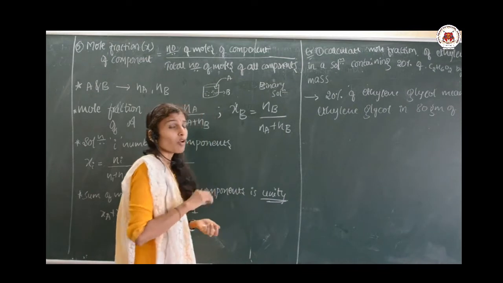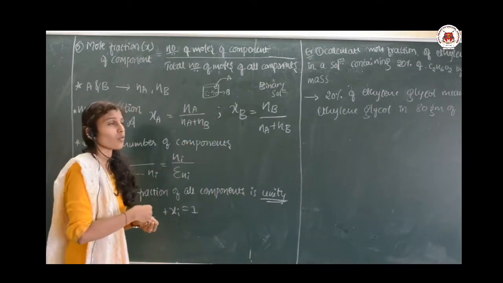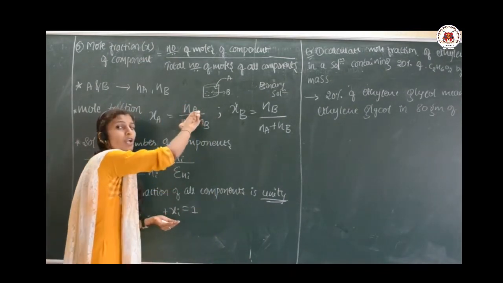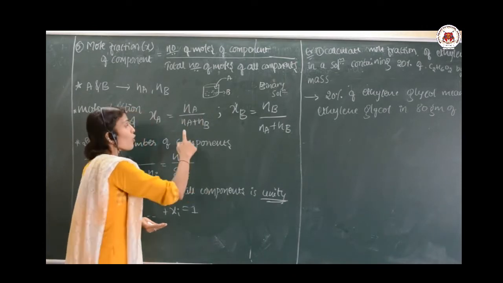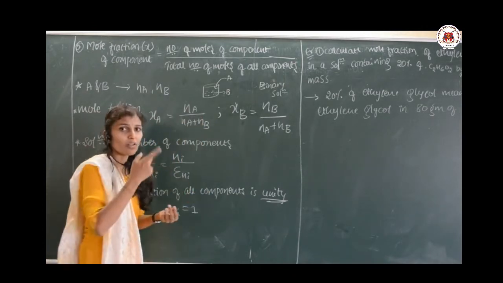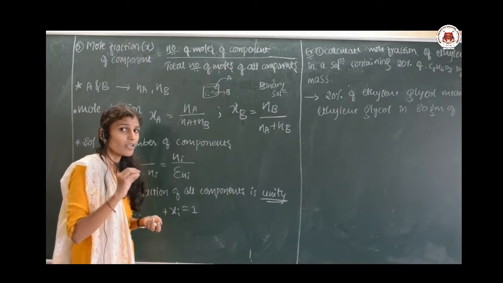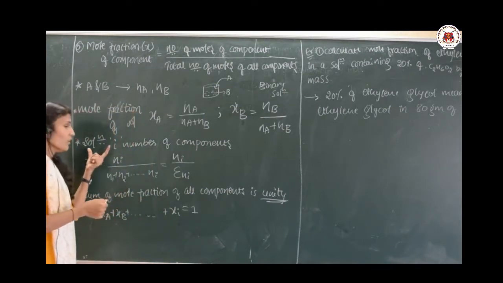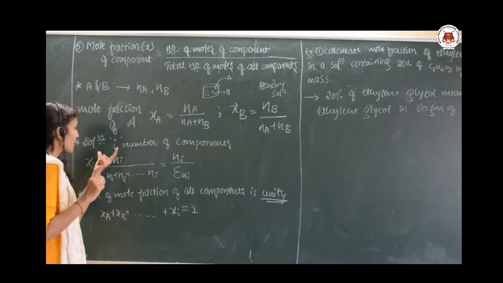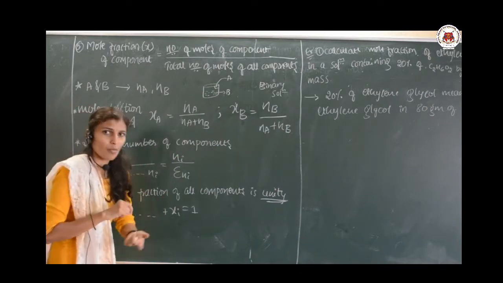So the mole fraction of any component is equal to the number of moles of that component divided by the total number of moles of all the components present in the solution. Suppose the solution carries i number of components.